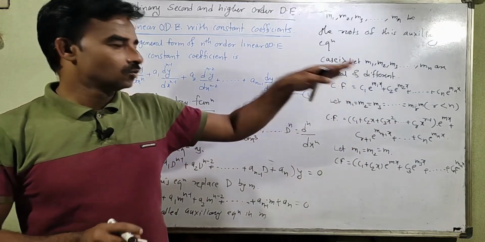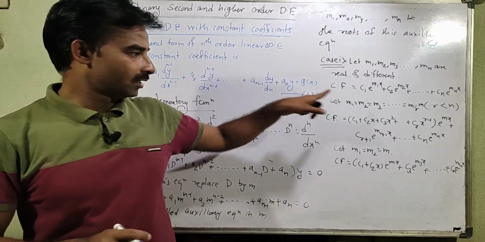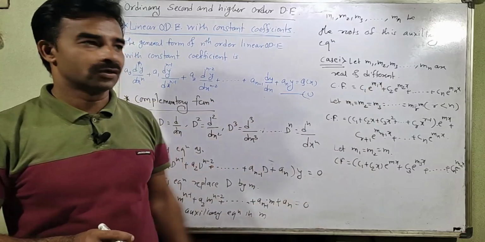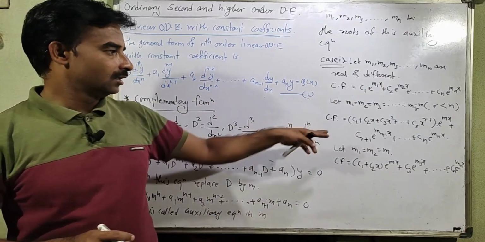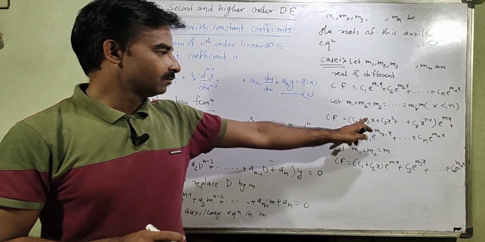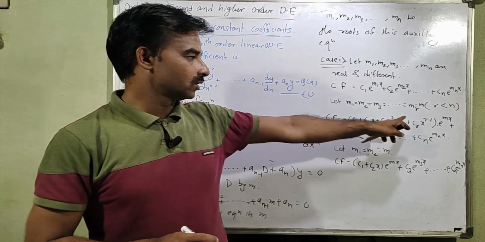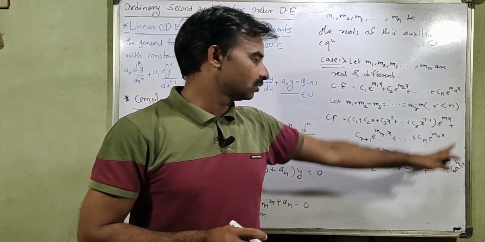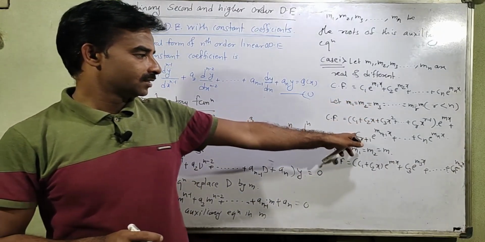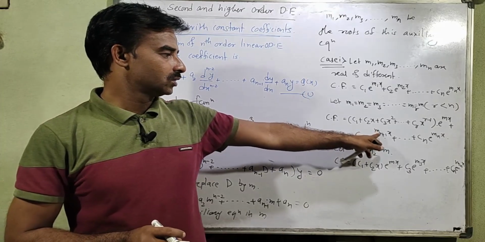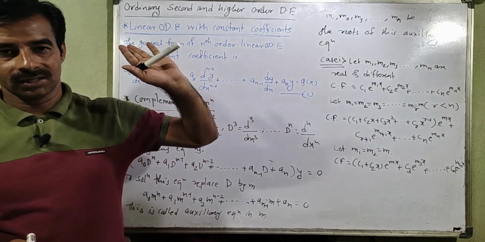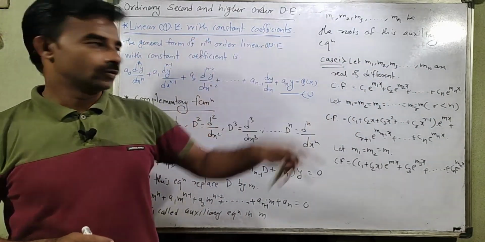Let r roots be the same, that means m1 = m2 = m3 = and so on up to mr = m, r is less than n. Then the complementary function is (c1 + c2x + c3x² + and so on up to cr x^(r-1)) e^(mx) + c(r+1) e^(m(r+1)x) + and so on up to cn e^(mn x).